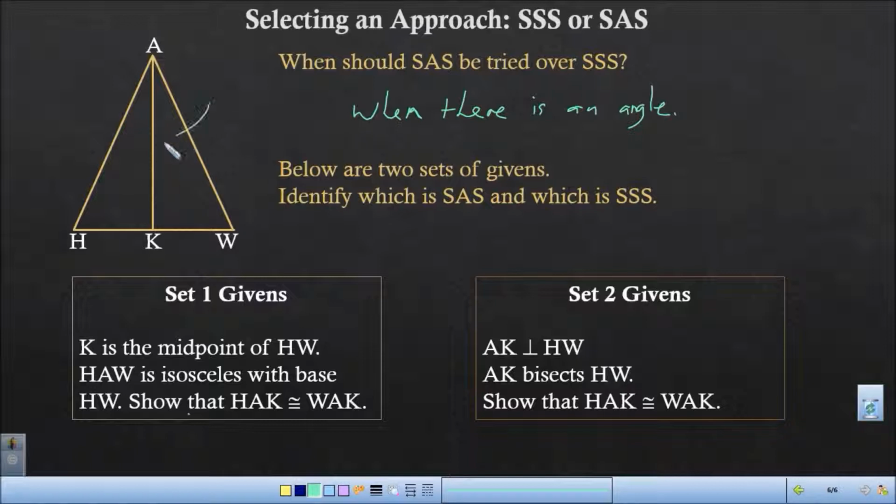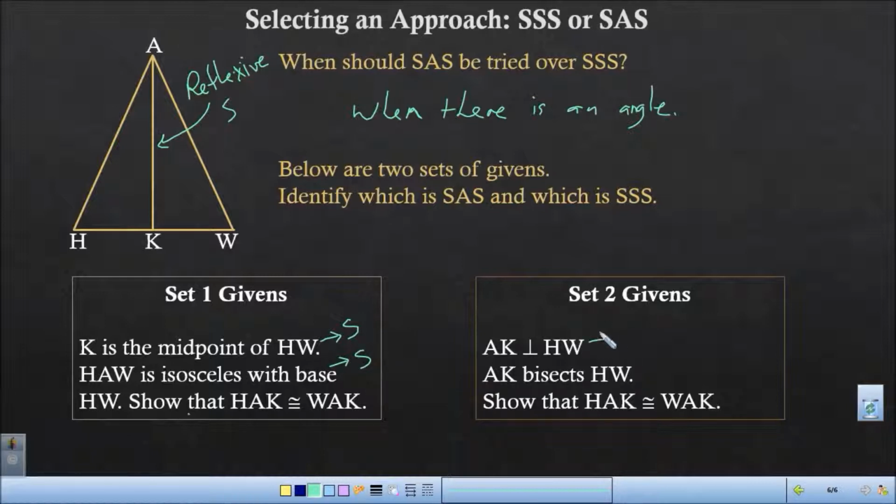First of all, we have a reflexive side right here. We have a reflexive side, so that's one S. Midpoints give us an S. Isosceles triangles give us an S. We're going to learn in a few days that they'll also give us an A, but right now they just give us S's.